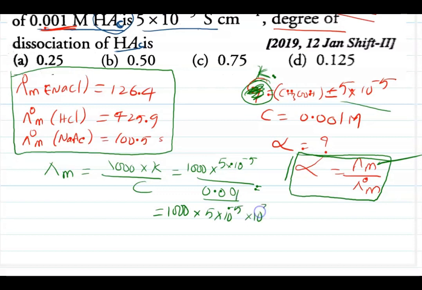If it is taken to the numerator, you get 10 to the power of 3. So 10 to the power of minus 5 times 10 to the power of 3 becomes 10 to the minus 2, and the zeros get cancelled, so exactly 50. Lambda m is 50. Then we need to calculate lambda naught m and just substitute.